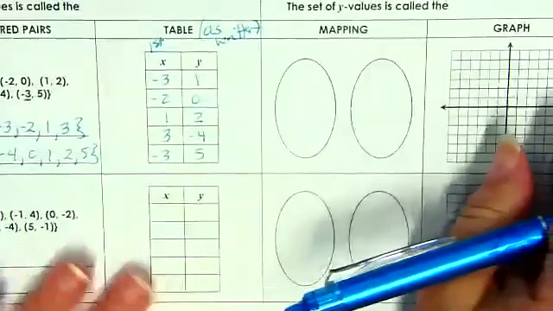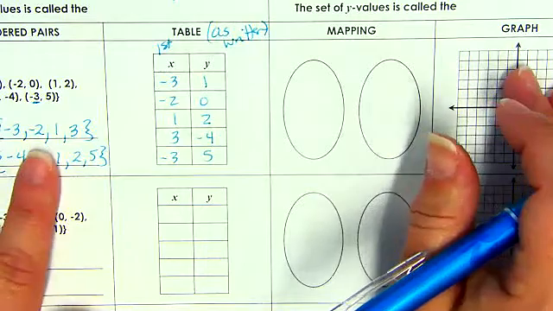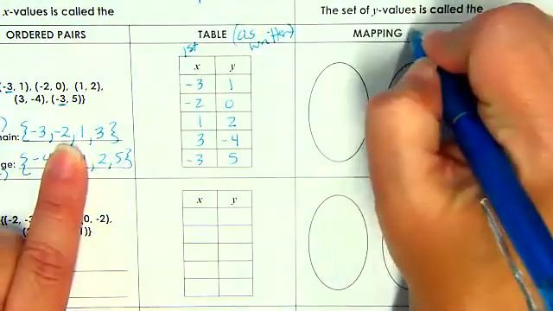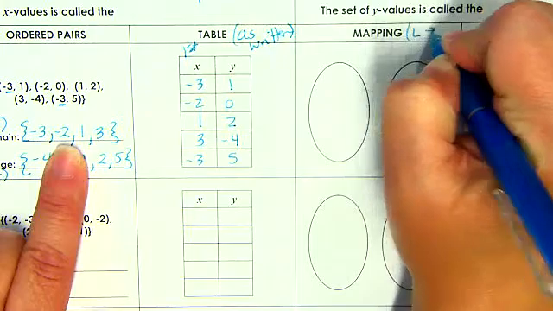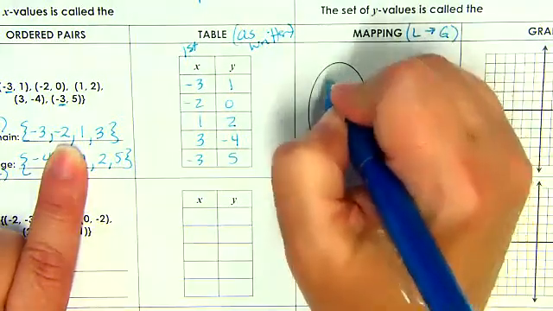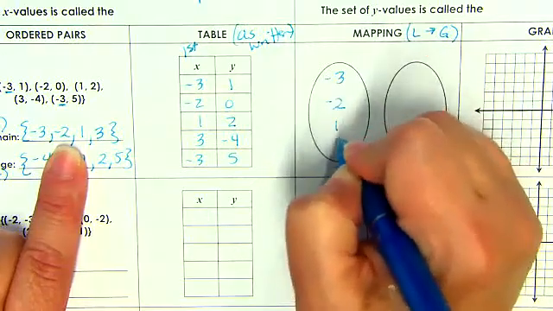Now we represent it in the mapping. Okay, and again, this is where we think about our domain and range. We're going to take our information, we write it in order from least to greatest. Okay, we do the X value, so I'm going to have -3, -2, 1, and 3.